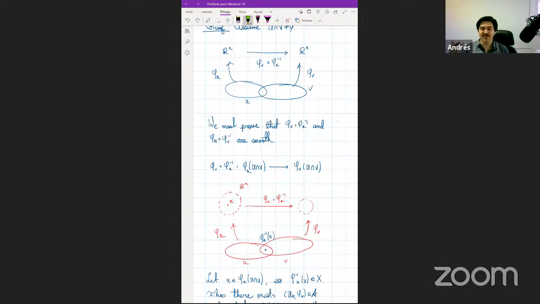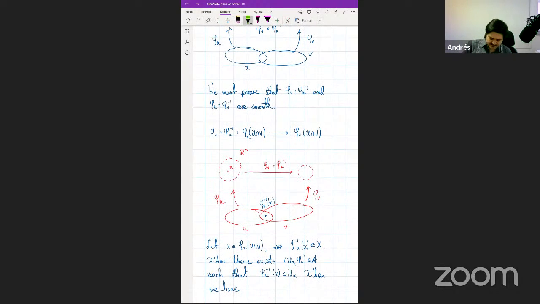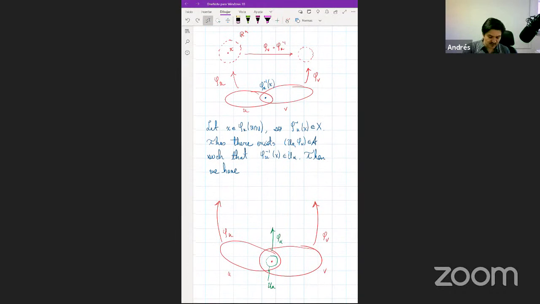The union of the U alphas covers X. So there must be some chart that contains that point, because this is an atlas and covers X. Right? Okay.